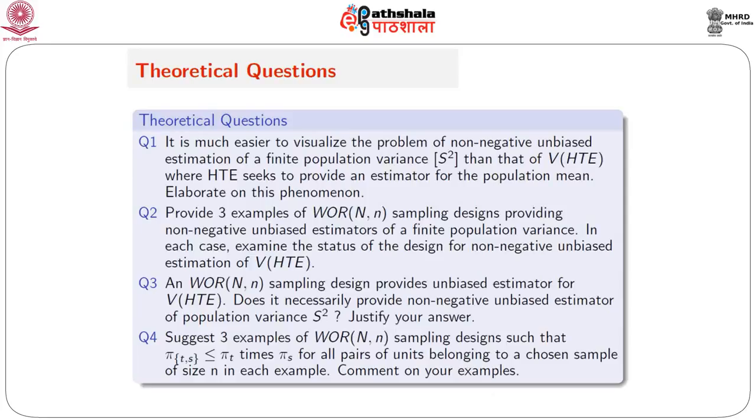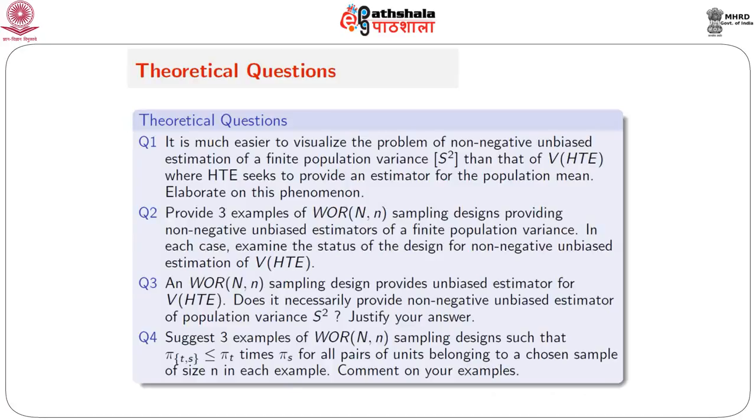Problem number 2, provide 3 examples of without replacement sampling designs providing non-negative unbiased estimators of a finite population variance. In each case, examine the status of the design for non-negative unbiased estimation of the variance of the Horvitz-Thompson estimator.